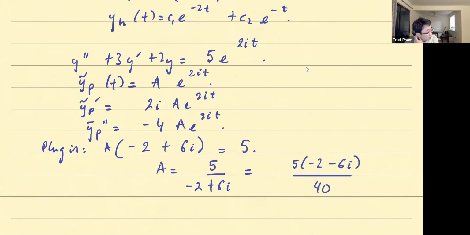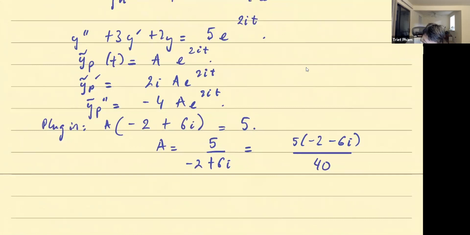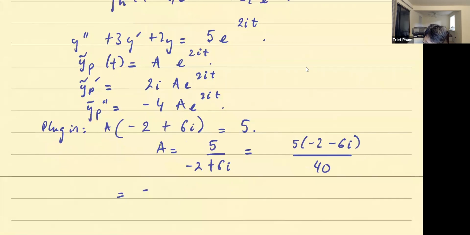Anything to simplify? Divide by 5, you get 8, and divide by 2. So you get minus 1 minus 3i over 4.